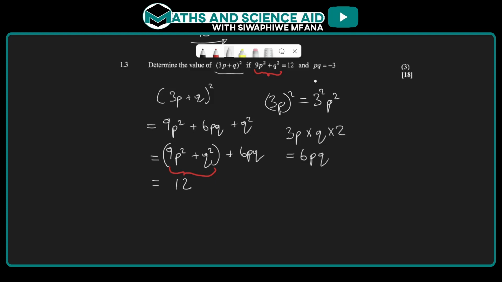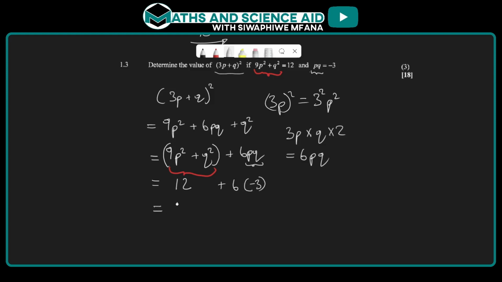And then we were told that pq is equal to -3, okay? And here we do have pq, right? And we are told that the pq is equal to -3. So this means that we will say plus 6, and then in place of pq, we can substitute in -3.